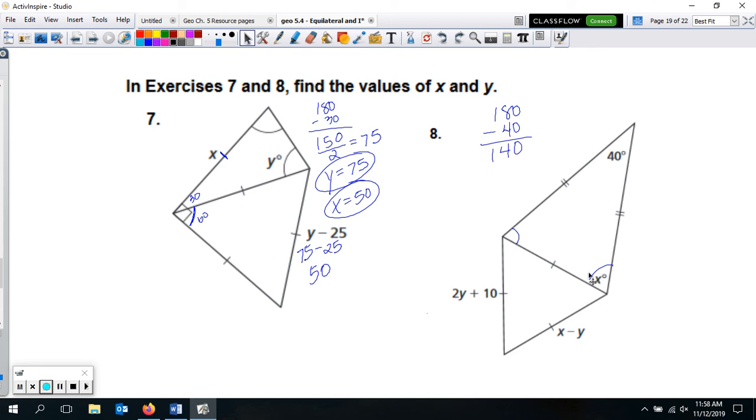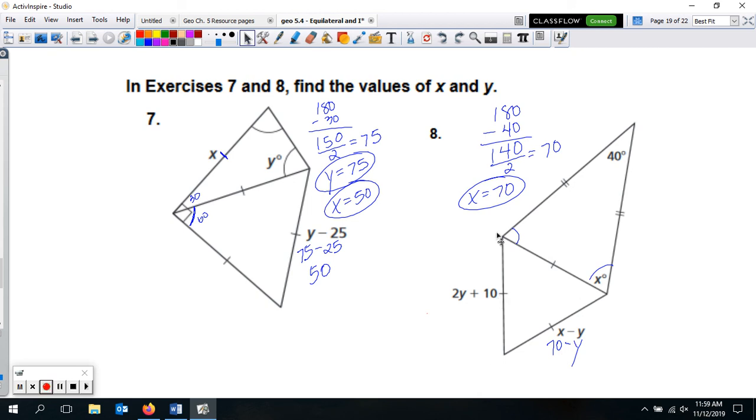But since they're both exactly the same, we can divide 140 by 2 and figure out that each one separately is 70 degrees. So this is 70 and this is 70, so x is 70. That's what we can conclude. x has got to be 70. And then down here we see an x minus y, so we can plug in 70 right there. So that would be 70 minus y for this side.